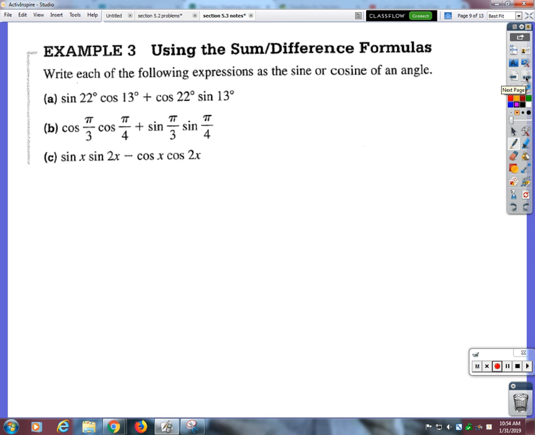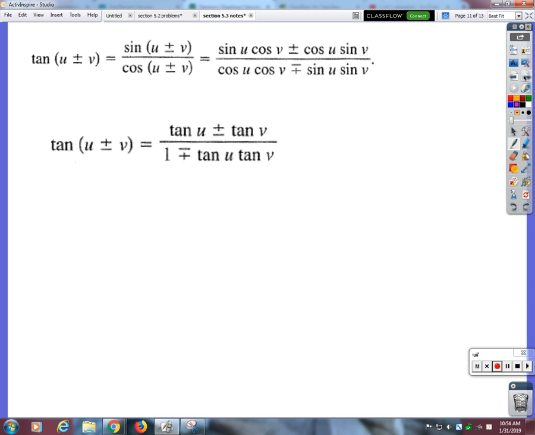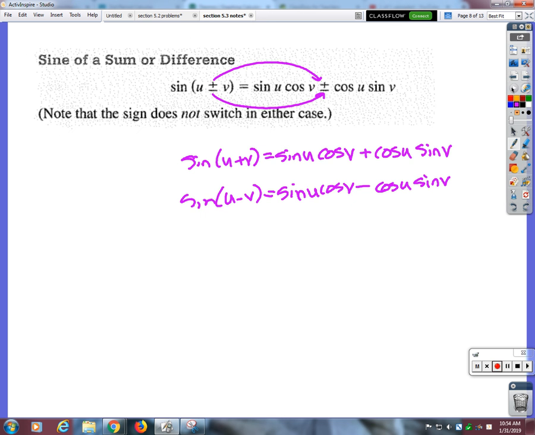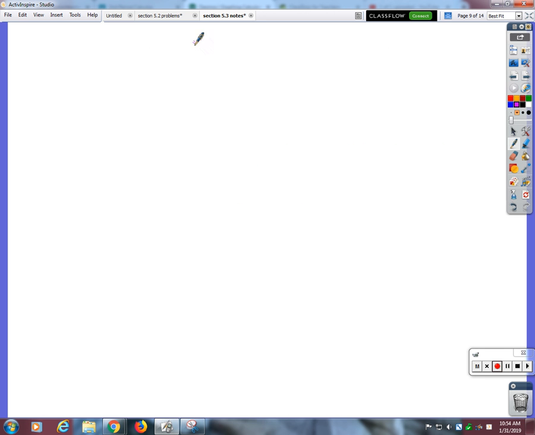Okay, so let's do another one here. Nope, let's not do tangent. Let's do the same thing we did before with sine. The cosine of what? 15 degrees. Let's do the sine of 15 degrees, shall we? What do you want to break that down into? 45 and 30 again? Okay.